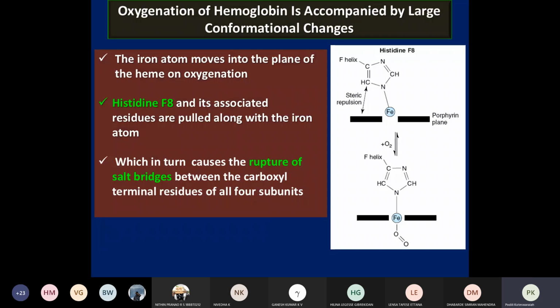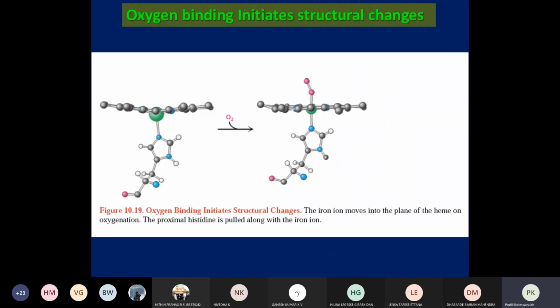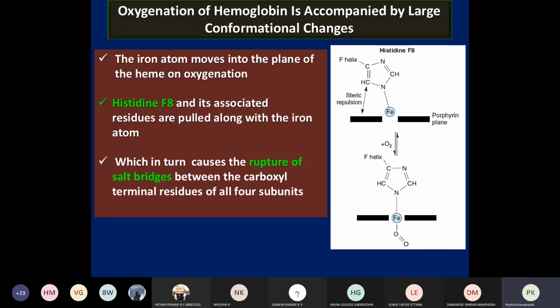So coming to this, as I already said, you can see here this is the porphyrin ring. The iron atom is present 0.4 angstroms outside the plane. Upon oxygen binding at the sixth coordination site, you can see here that the iron atom is pulled into the plane.